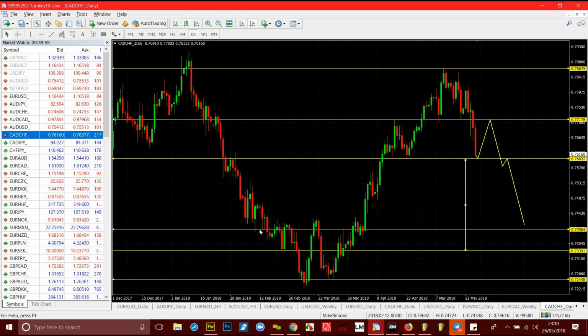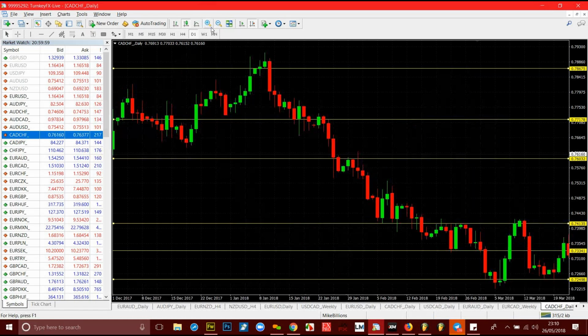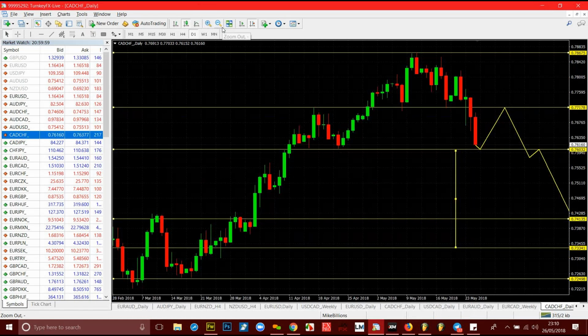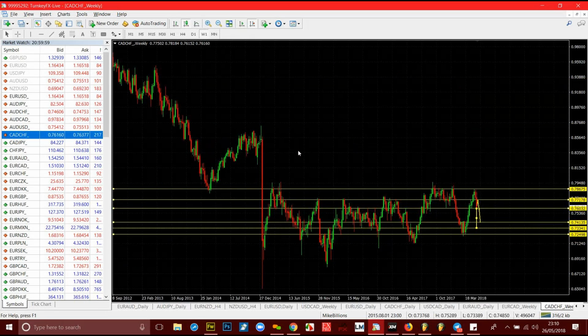Where is that inverted? Okay. Can you zoom out? Okay, let's zoom out. No, this is zoom out here. Okay, I see what you mean. Okay, from the other side. Inverted. Nah, I wouldn't call that an inverted.